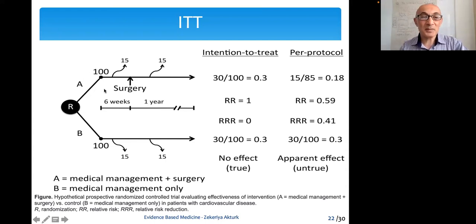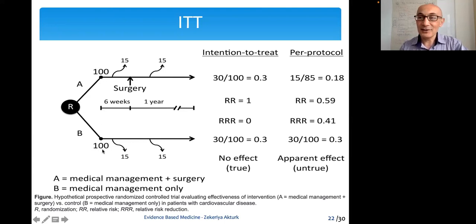The group A participants are expected not to undergo a surgical intervention, and group B are expected to take the surgery plus medications. What happens after you allocate them? Some of the surgery group say, no, I am not going to take the surgery, I will continue with the pills.